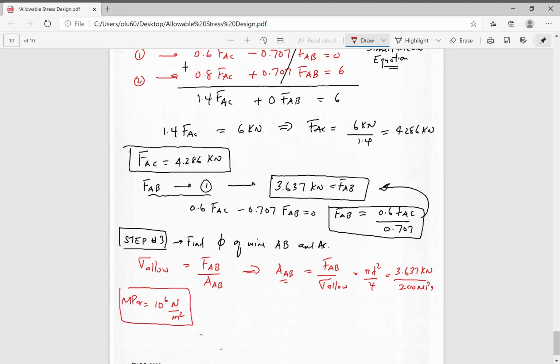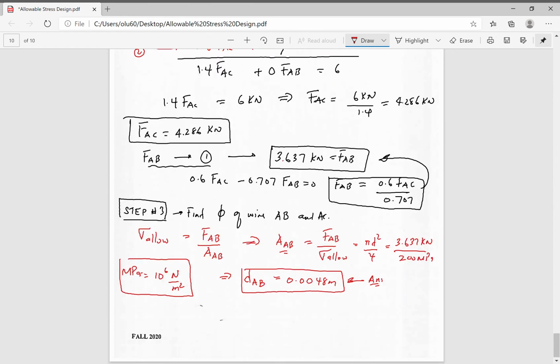So if you do the math, the diameter of wire AB is going to be 0.0048 meters, and that's your answer.